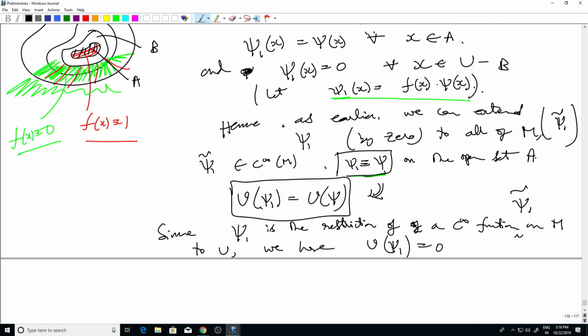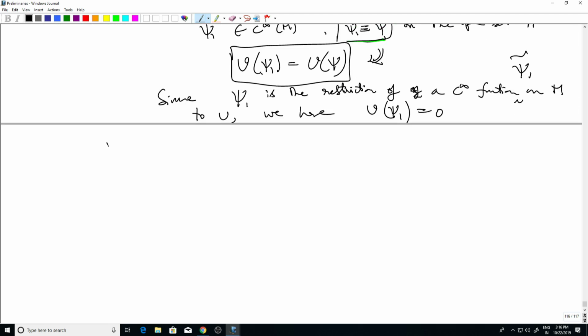Now, as for surjectivity, let W belong to T_pM.